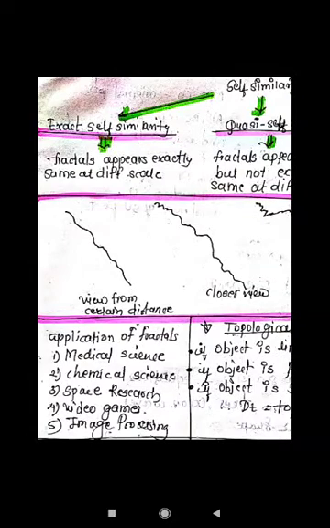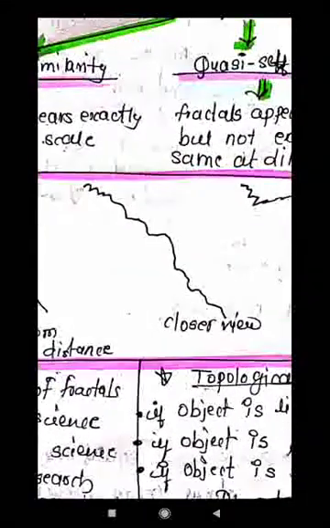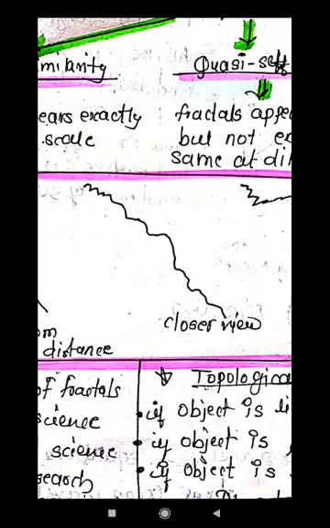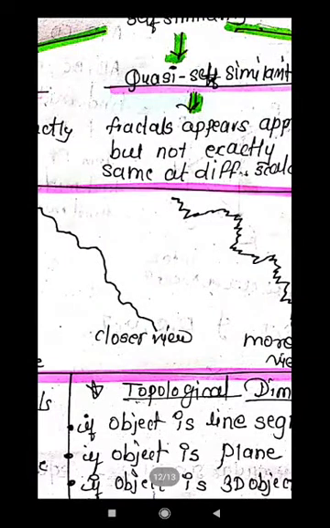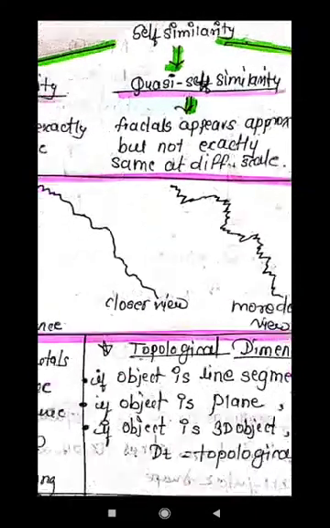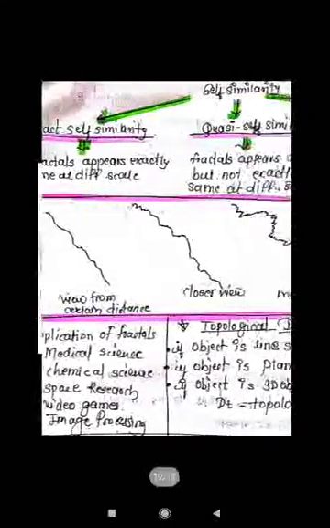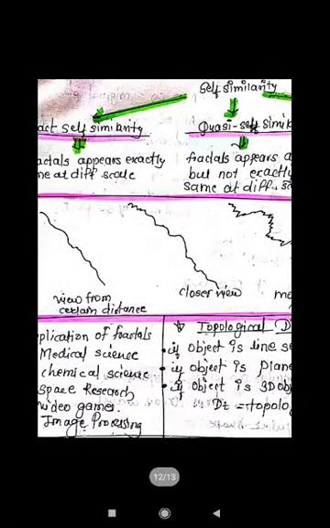But if we zoom in, or if we go near to that line, then it will look somewhat rougher than before. If we take a closer view, then we can see that the whole line is very rough and jagged. In that case, there is no limit to how many times we can zoom in on that line. It is the same line, but if we view it from different views, then it may change.